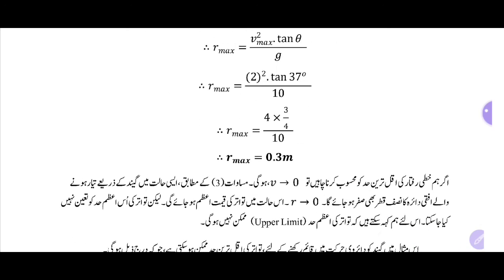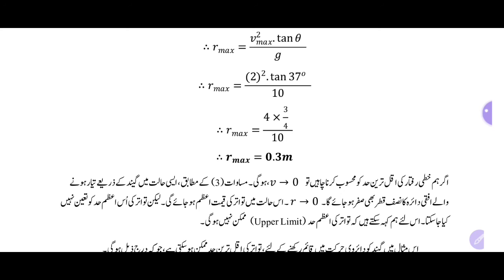Now in order to calculate the lower limit of velocity, the lower value of velocity will be 0, because we cannot make the velocity negative. So the minimum possible limit for linear velocity is 0. If we take v as 0, we have to take r as 0 also, because v is directly proportional to r.